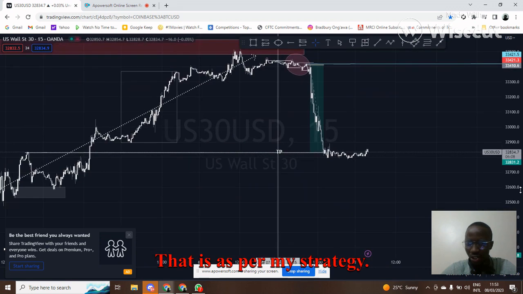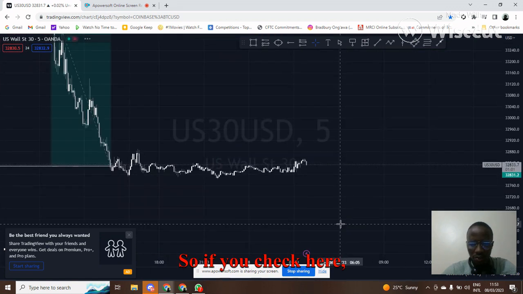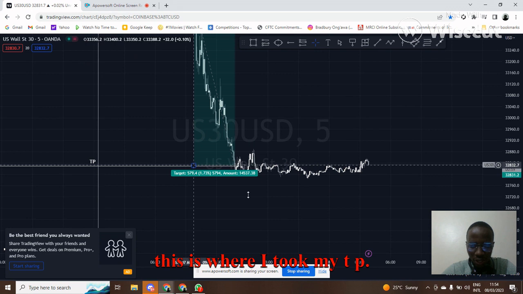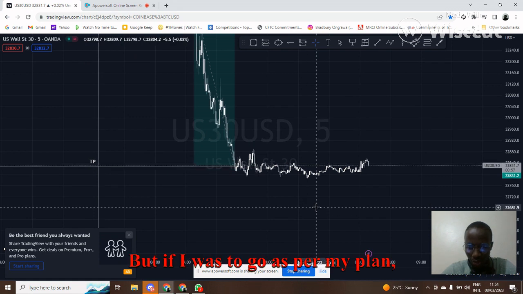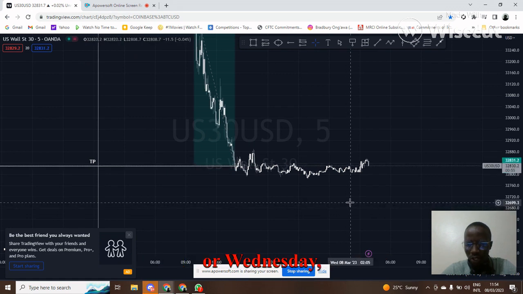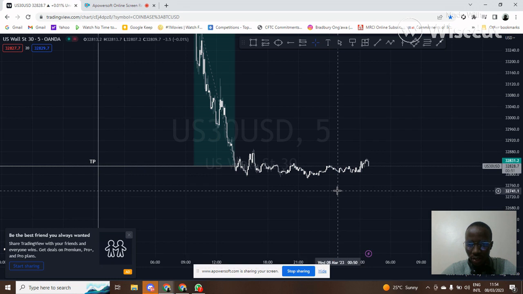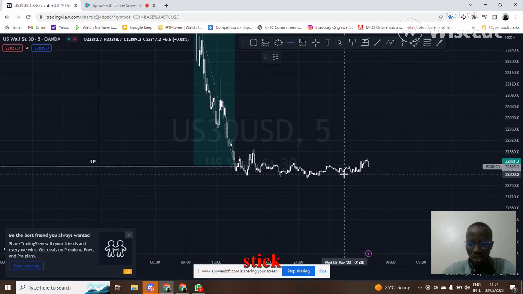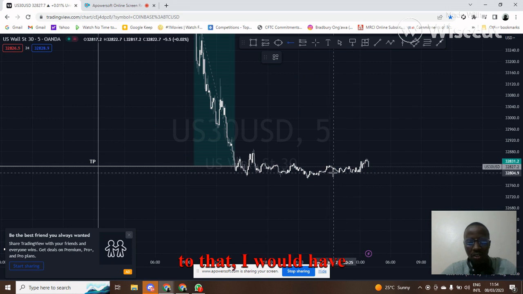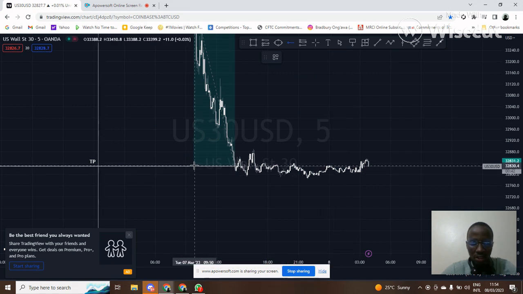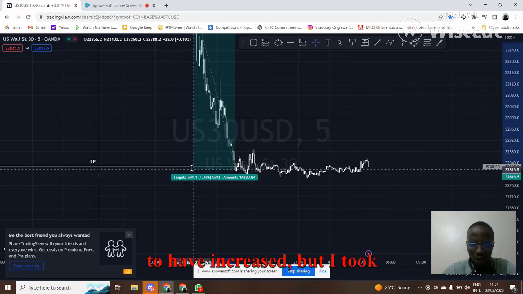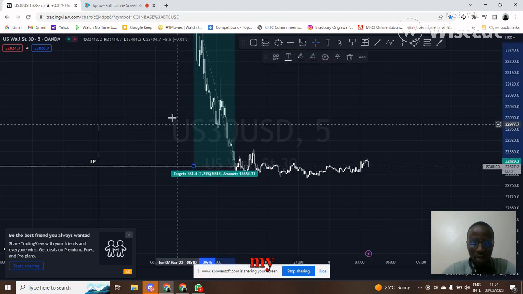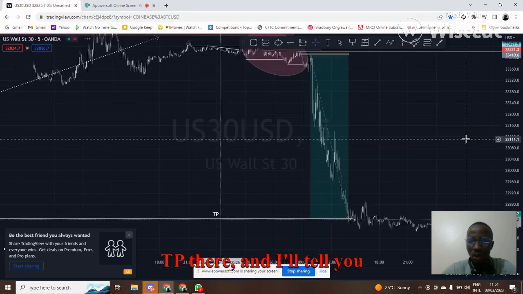That is as per my strategy. So if you check here, this is where I took my TP. But if I was to go as per my plan, on Wednesday market open, I would have increased my RR somewhere here. But I took my TP there, and I'll tell you why.